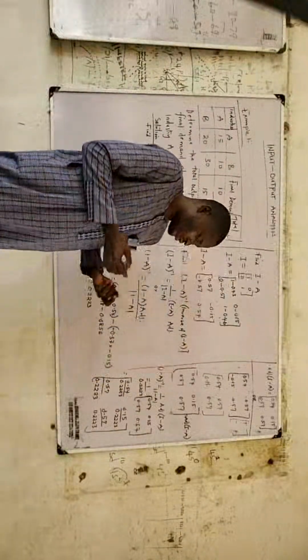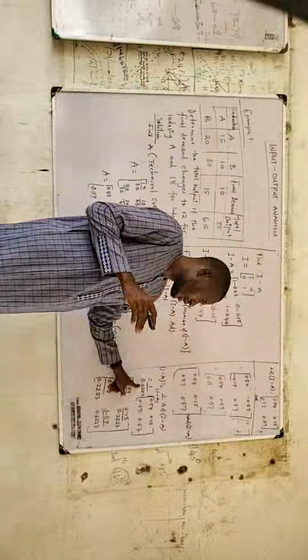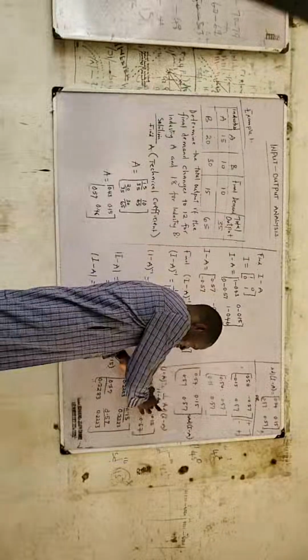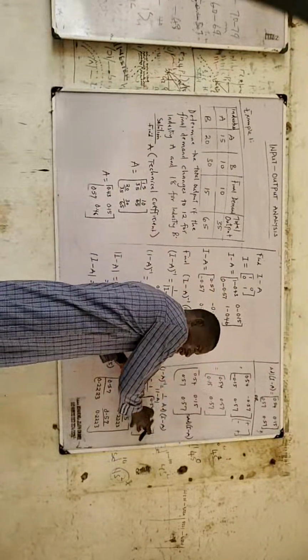Any of them. Or you say 1 divided by this, it will give you the answer. Then you use that to multiply by this, this, this, and this, you still have the same thing.